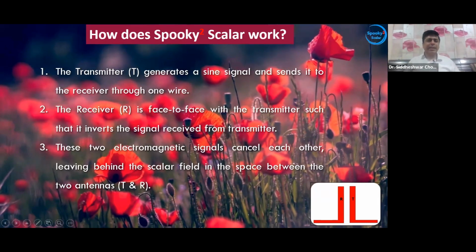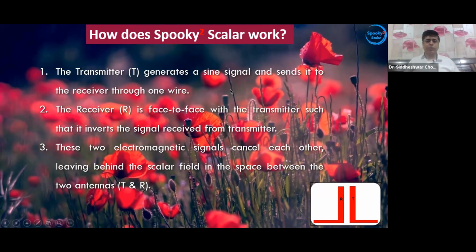So we get to the technical details of the Spooky2 scalar. How does the Spooky2 scalar work, or what all the hardware has to offer, and how do we start understanding how the scalar field is generated? Okay.